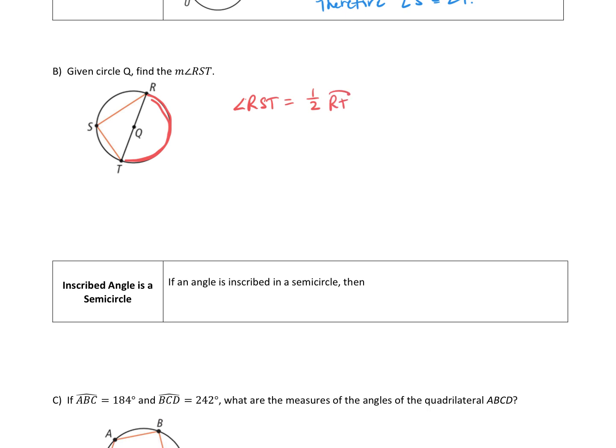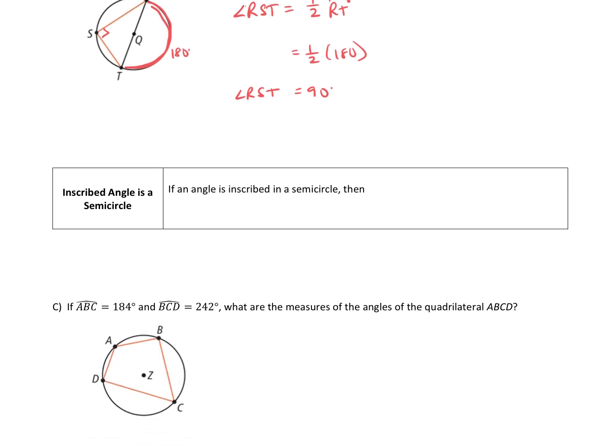And if we look at arc RT, we can see that it is half of the circle. From R to T, those are the endpoints of that diameter, and that is a 180 degree arc. So half of 180 degrees is 90 degrees. So angle RST is equal to 90 degrees, which makes that a right angle.